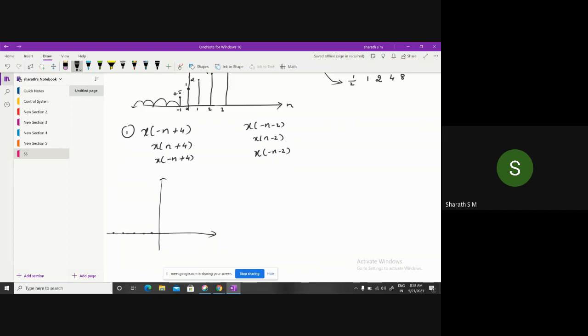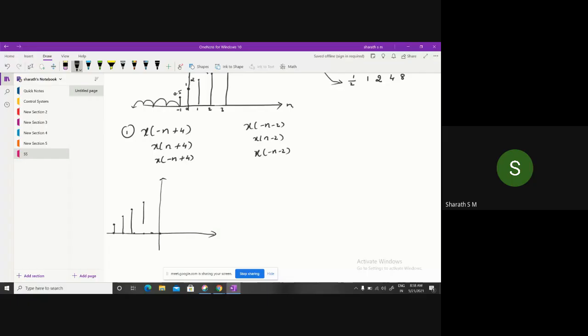Here it is 0.5, here it is 1, here it is 2, here it is 4, here it is 8. So minus 5, minus 4, minus 3, minus 2, minus 1. So this is x of minus n plus 4. x of n plus 4.